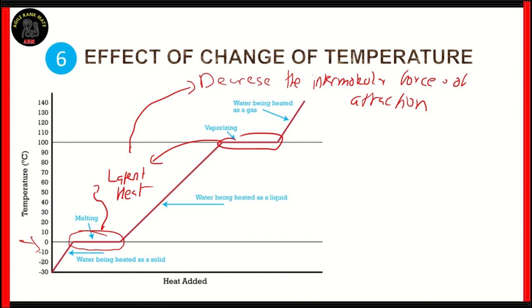Basically, in a solid, the force of attraction between particles is very high, and when it changes to liquid, it needs a certain amount of heat to decrease the force of attraction, to break the force. That heat needed is known as latent heat, which literally means hidden heat. Latent in Latin means hidden.